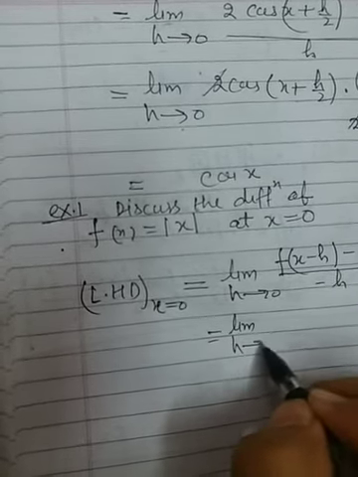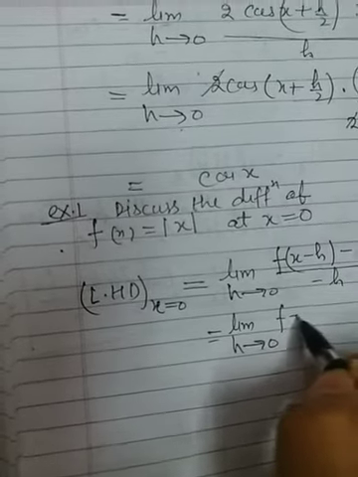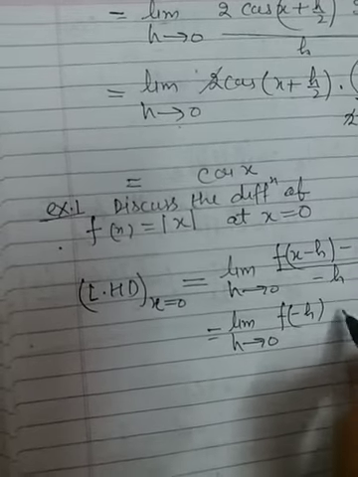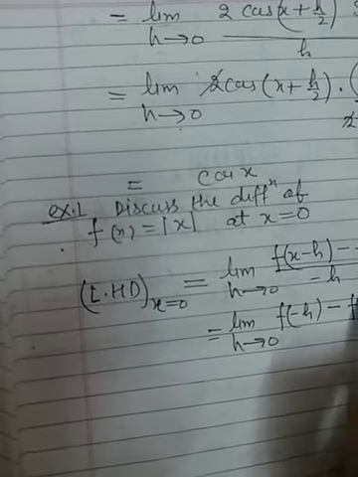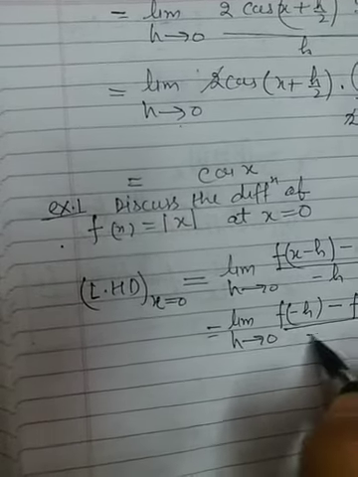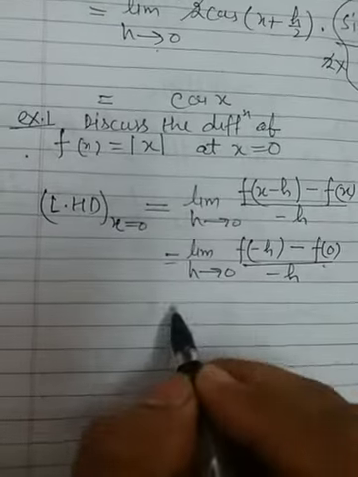Then this is limit h tends to 0, (f(-h) minus f(0)) divided by minus of h.